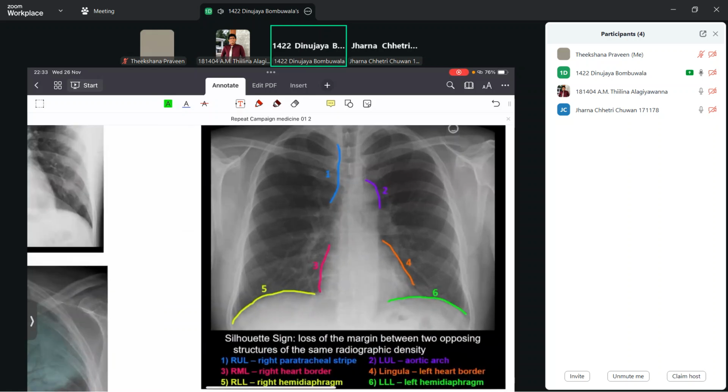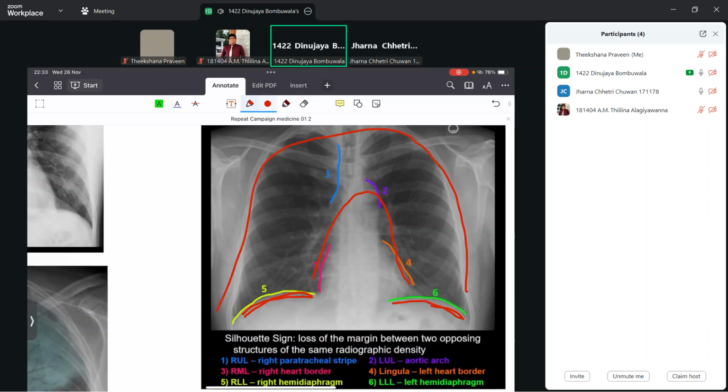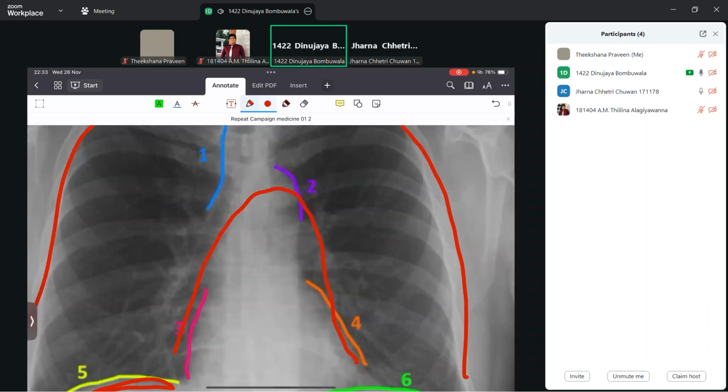So in chest X-ray, you know there is the right hemidiaphragm, left hemidiaphragm, the cardiac shadow, and the lung markings. So what are these white markings? What are those?